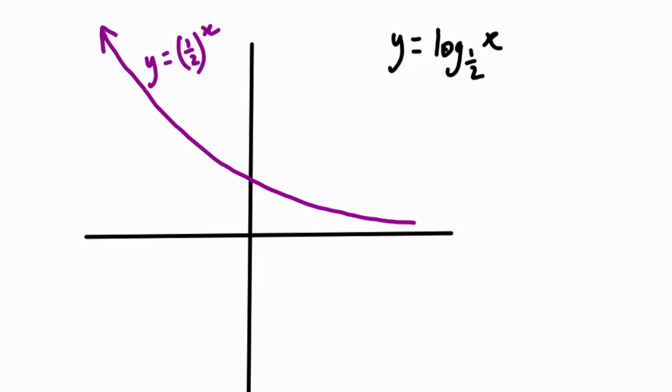If you don't like this version of the inverse, you can go negative log x base 2. So these are your two options. And again, I guarantee you that with substitution, you will see as we reflect it that we're actually going to get a proper inverse.